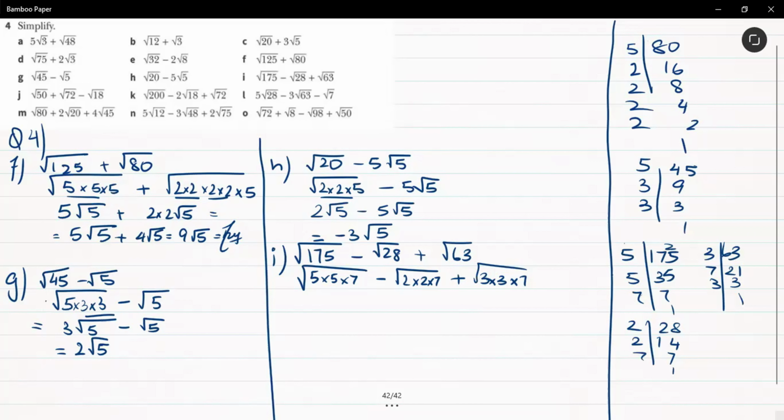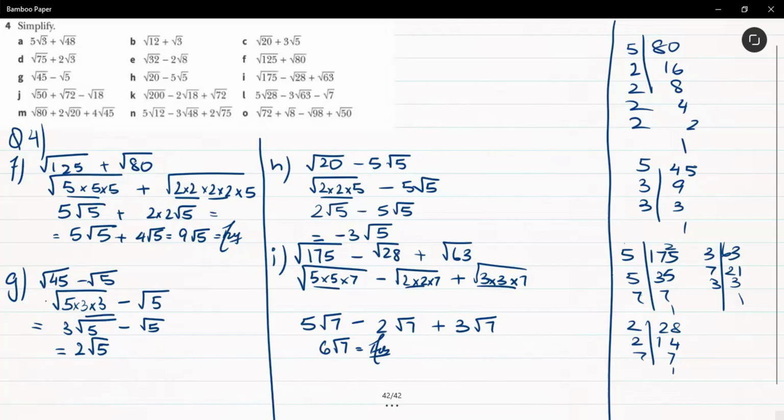Now to simplify, we've got a pair of 5 here, so 5√7, minus a pair of 2, so 2√7, plus a pair of 3, so 3√7. Now 5 minus 2 is positive 3, and 3 plus 3 is 6. So for part I, our answer would be 6√7. And that's it.